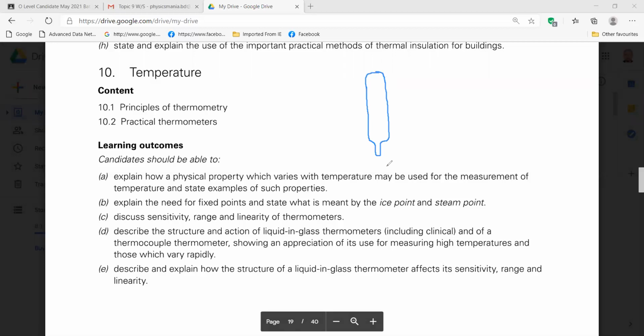And here you give a caption, figure caption: uncalibrated thermometer.